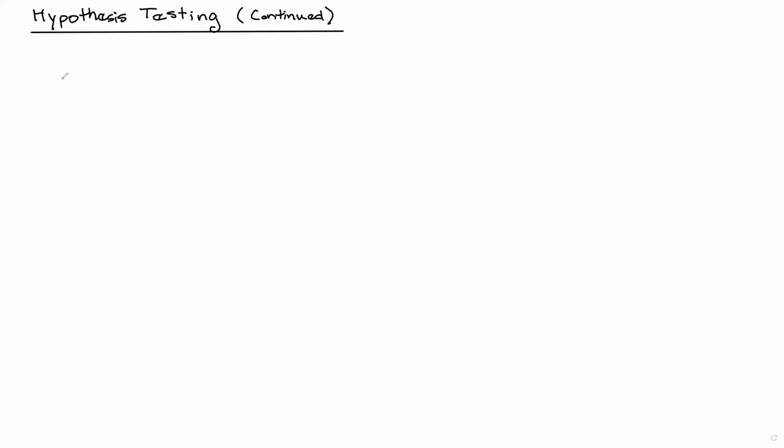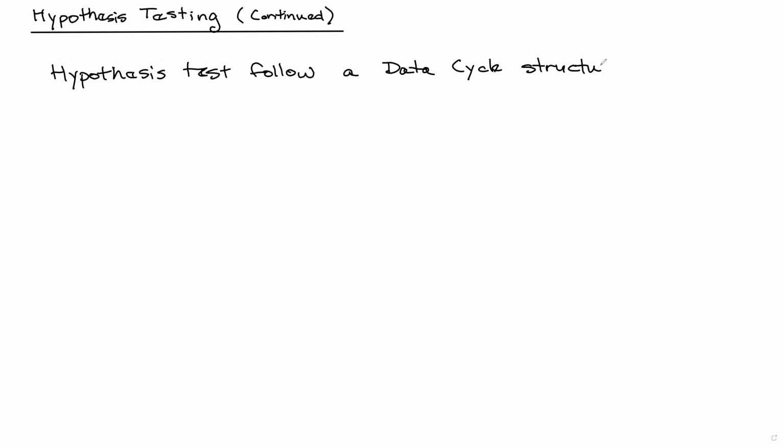All right, so to start, one thing that we did not cover in the last video is that hypothesis tests follow a data cycle type structure. We covered the data cycle all the way back at the very beginning of this course in one of our earliest videos, but just to recap, here it is.